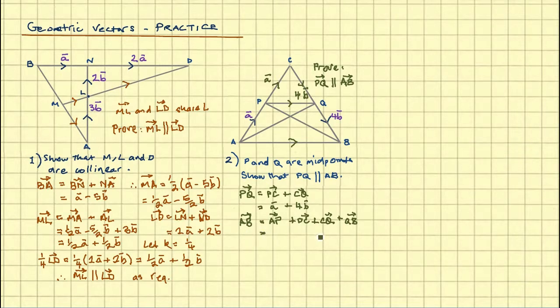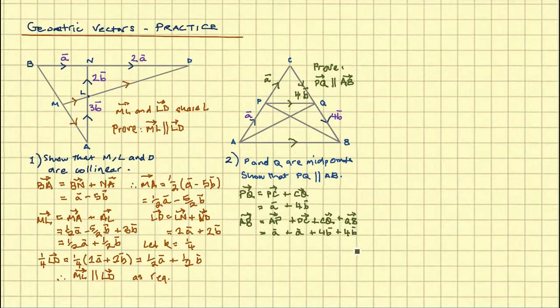Okay, so again, pause the video and write down this expression in terms of a and b vectors. Okay, so AP is a, PC is also a, CQ is 4b, and QB is also 4b.